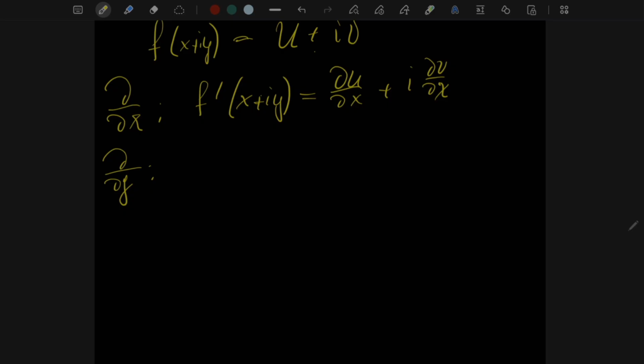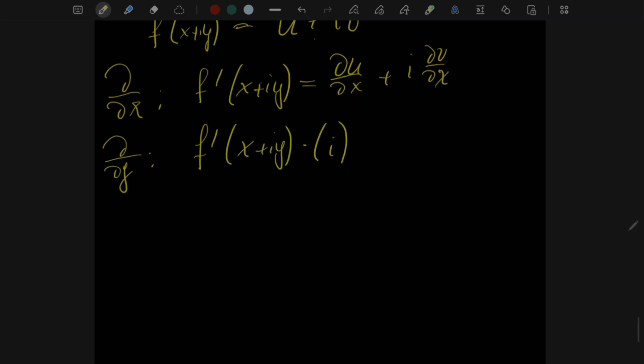And when we differentiate by y, we get almost the same. But here we also multiply by i, because the derivative of this part by y is equal to i. Okay. And we get the same, but with dy.